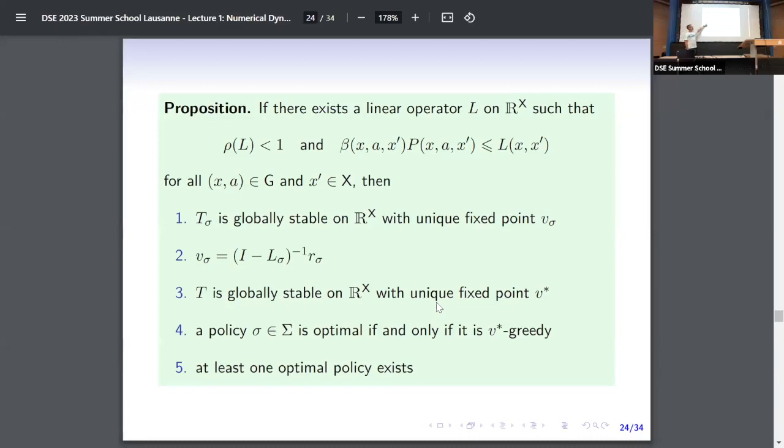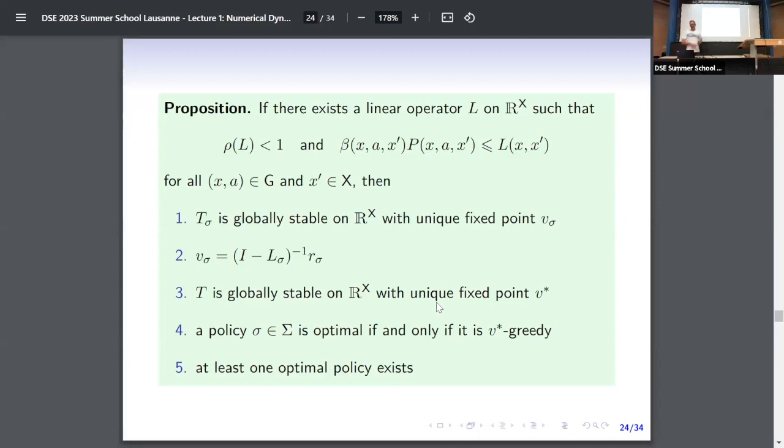The lifetime value of any given policy looks like this. The Bellman operator is globally stable. A policy is optimal if and only if it's V star greedy. So that's what we just said. And at least one optimal policy exists.